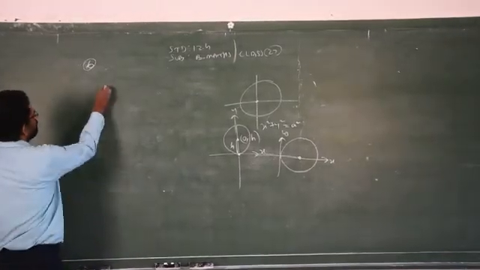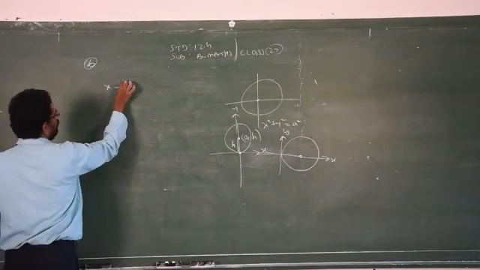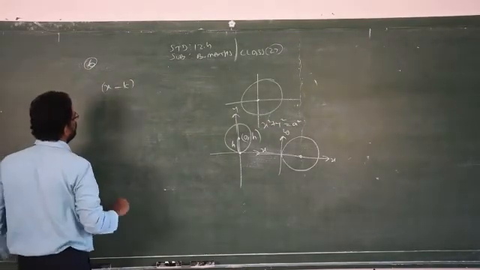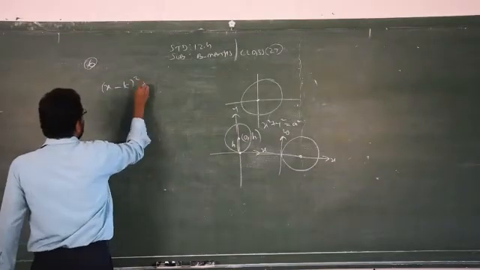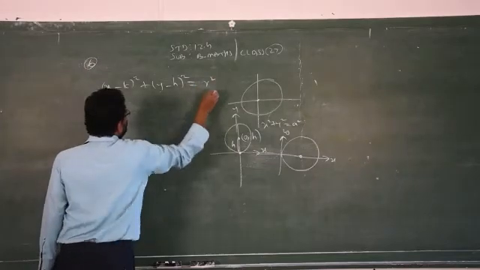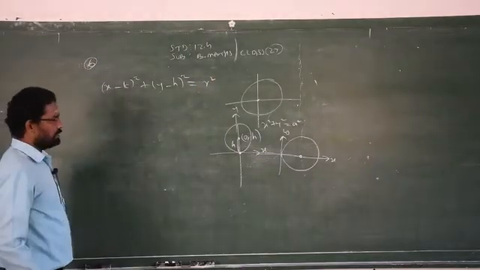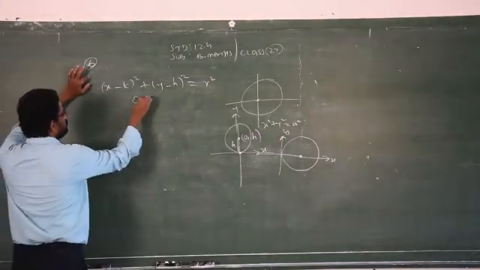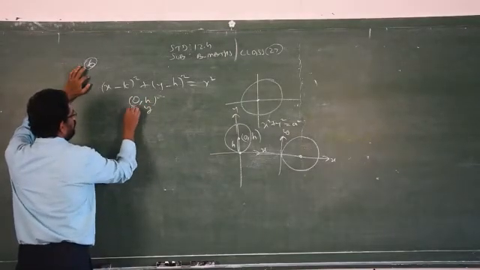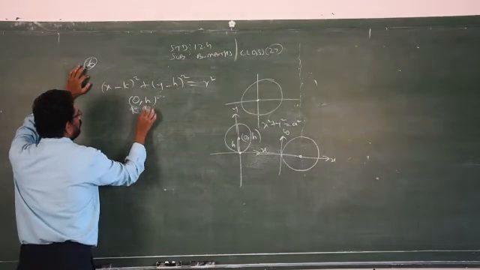So just you have to replace x minus k. When the center is given, what is the formula? (x minus k) the whole square plus (y minus h) the whole square is equal to r square. So this is the general formula when the center of the circle is given. So just replace: this is x, this is k, and this is h.